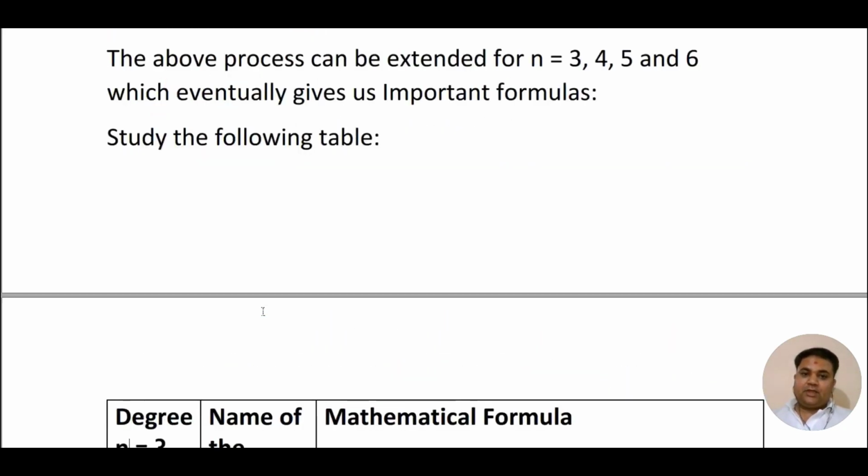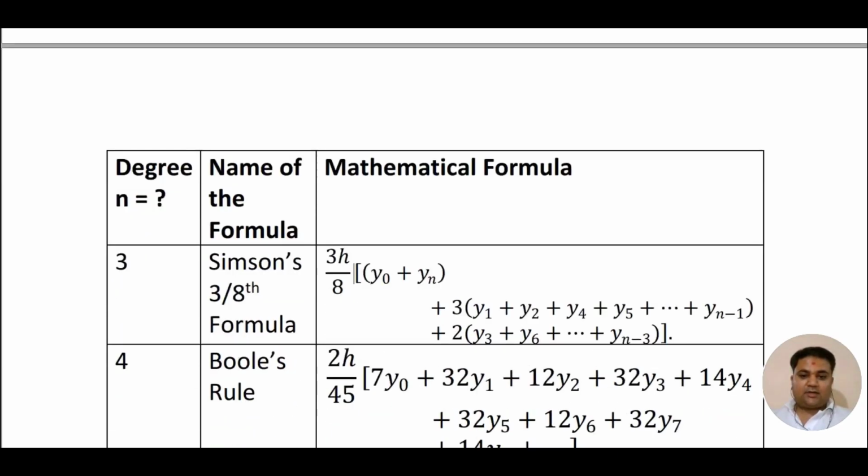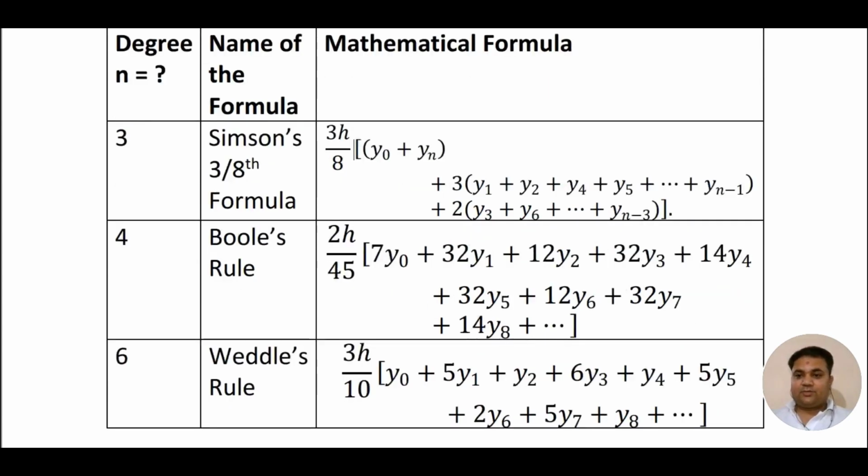In the same way, if you go for higher degree expressions like n is equal to 3, 4, 5, 6, then you can derive the other formulas in the same way. I'm just showing you the table which represents the corresponding formulas. If you substitute n is equal to 3, it's called Simpson's 3/8 rule: 3h by 8 times (y0 plus yn, plus y1 plus y2, and then y4, y5).